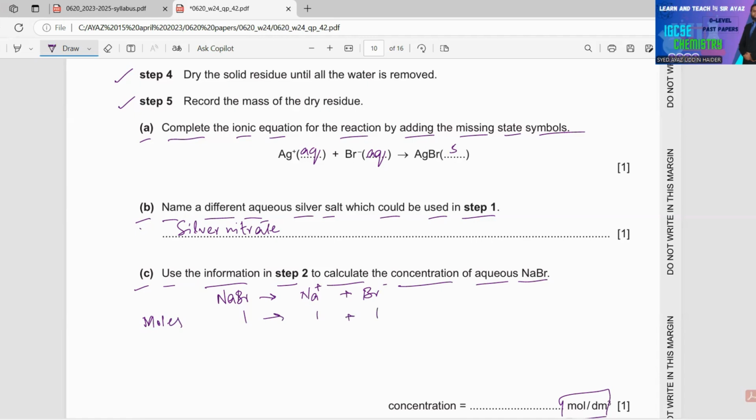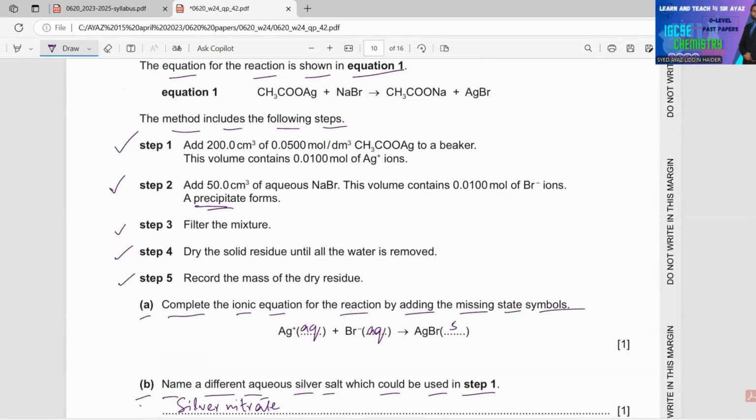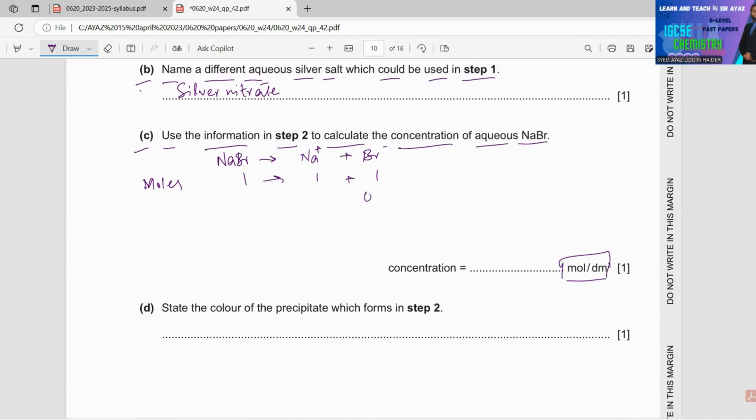So moles of Br- ion is given, which is 0.01, which means the moles of NaBr will definitely also become 0.01 according to the relationship.